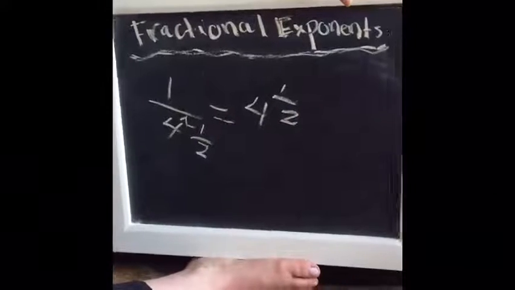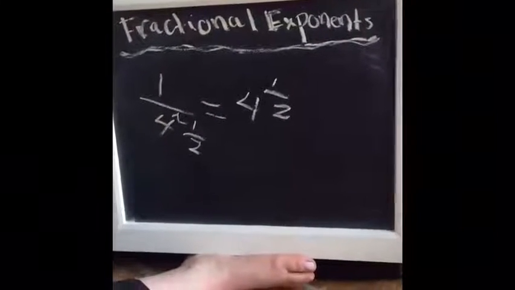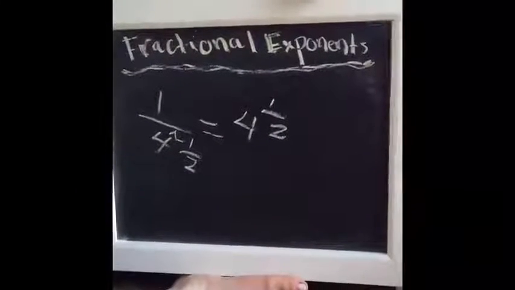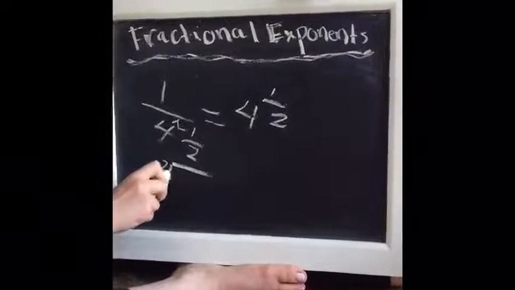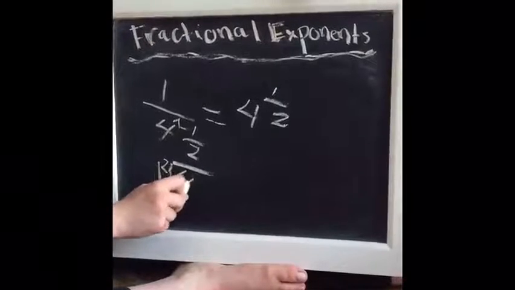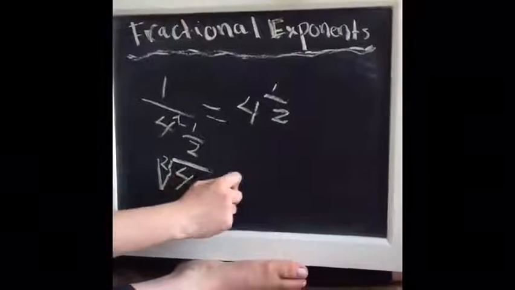And then you apply exactly what you did for simplifying positive fractional exponents. So this would just be the square root of 4 raised to the power of 1, and this would just equal 2.